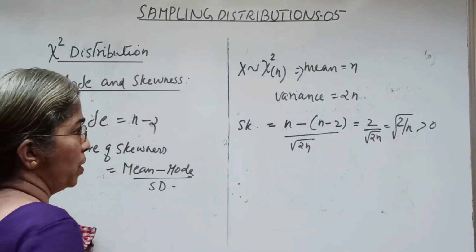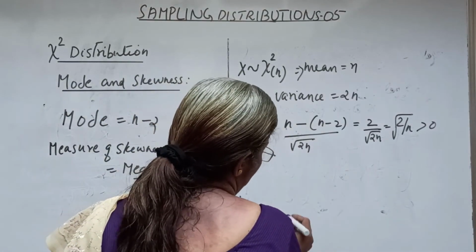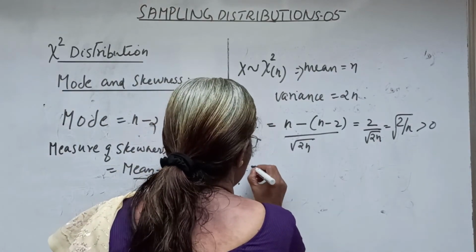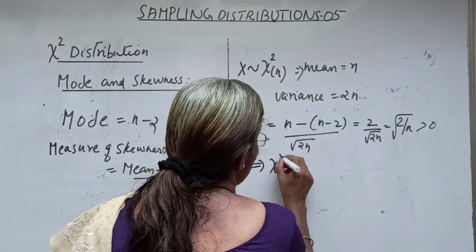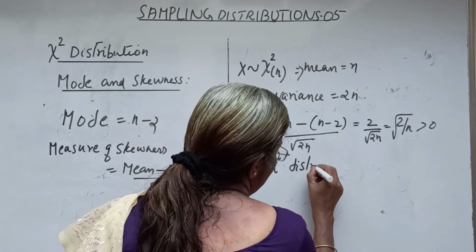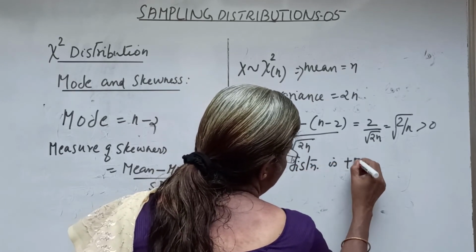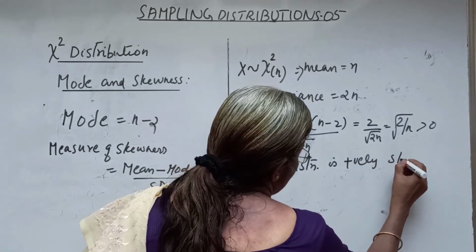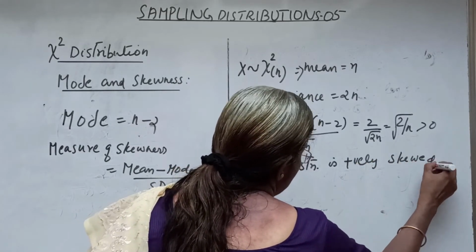That is, skewness greater than 0 implies chi-square distribution is positively skewed.